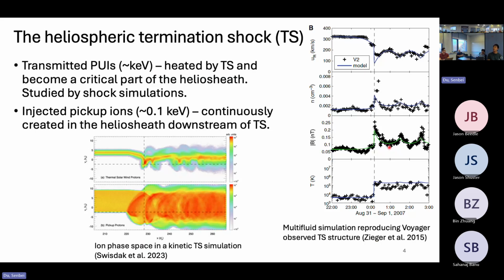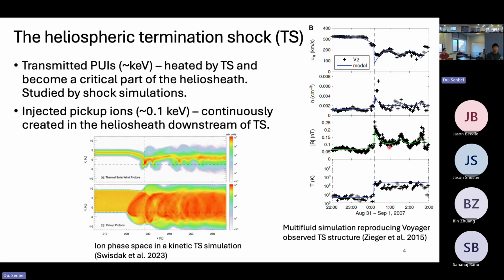I think it's related to the gyro period or something, maybe something else. I think it's fast mode waves related to the pickup ions specifically. I think they have a separate pickup ion.